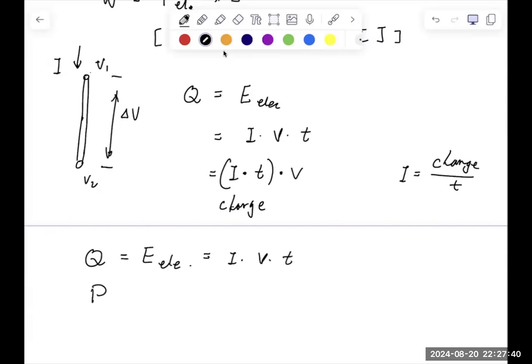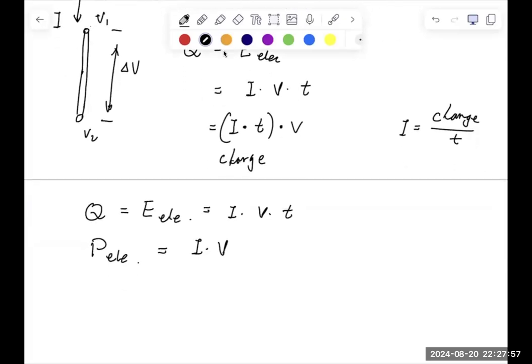And then the electrical power of any electrical appliance would equal I times V. So if you think about the power of your AC unit at your home, or the power of the microwave, or the power of your stove, range, or anything, or even your hair dryer, those powers are defined by I times V. And then the V is the electrical voltage, which in the United States is about 110 volts.